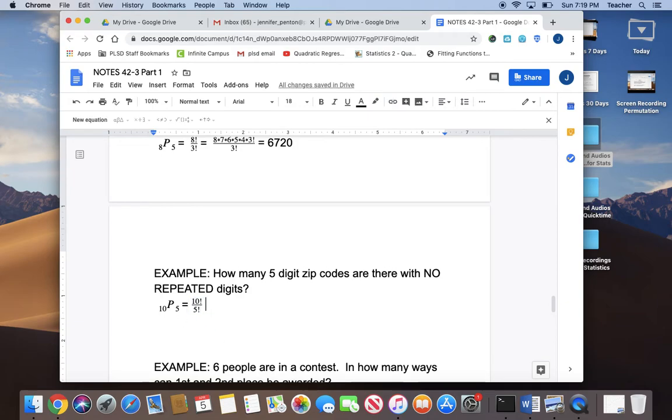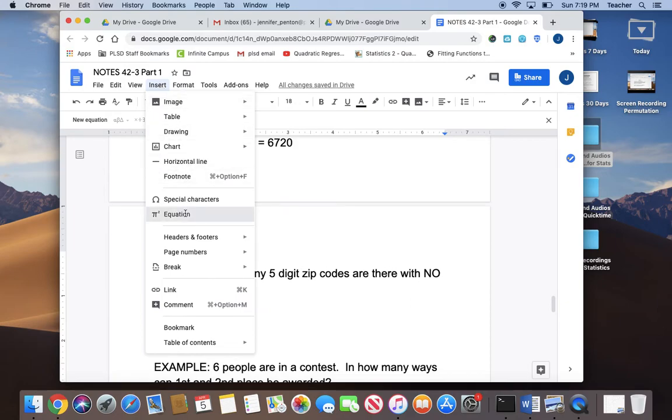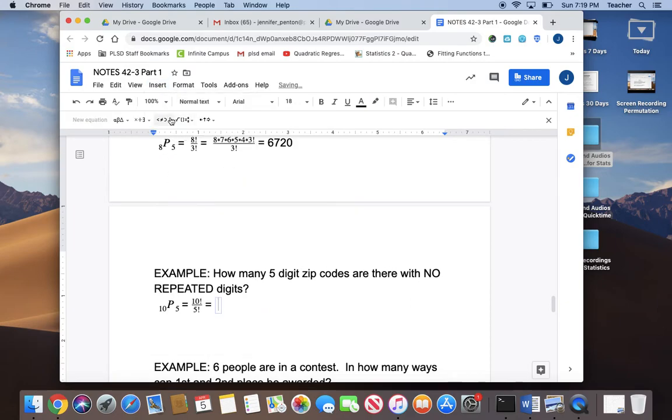So when I go to write this out, I would have 10 times 9 times 8 times 7 times 6 times 5 factorial. On the bottom, I would have 5 factorial. My 5 factorials will cancel.